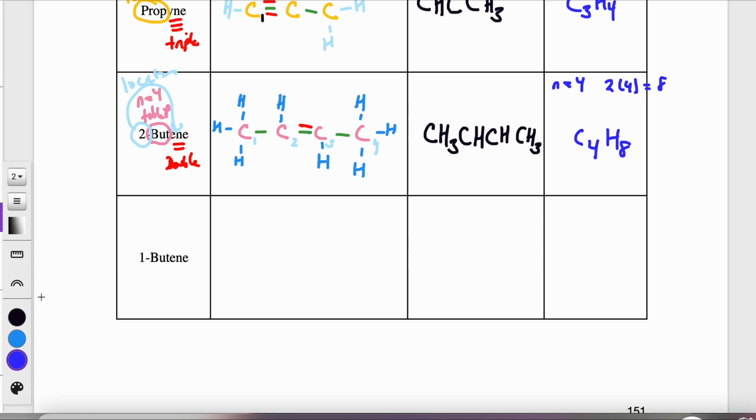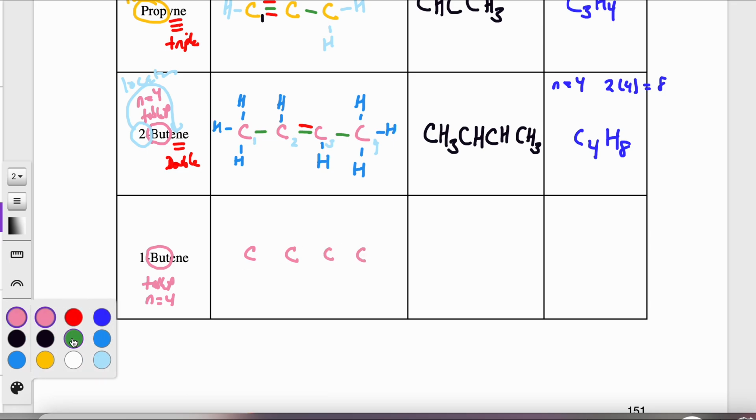Now, last example here. So take a look at this. This is named 1-butene. It has a very similar name to the structure up above. So it uses but, so that's our table P, and that means N equals 4. So I need to draw my 4 carbons.